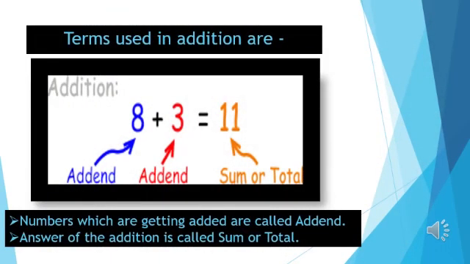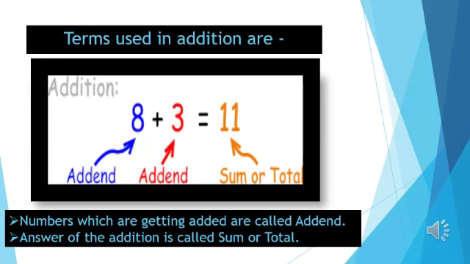So here we have written the terms which are used in addition. You have two numbers given, two or more numbers also can be there, but right now we are doing it with two numbers only.